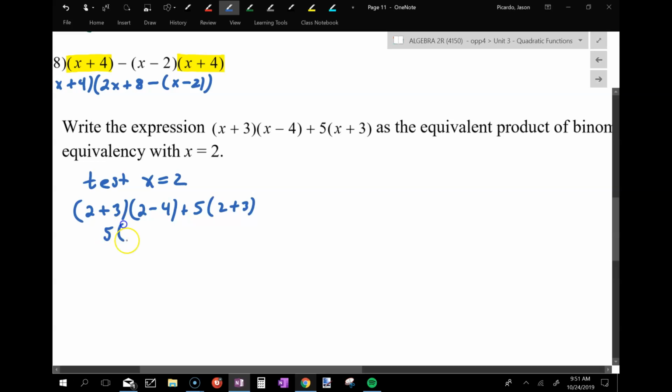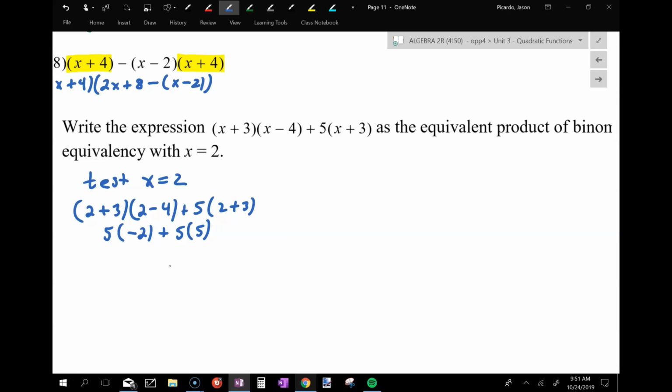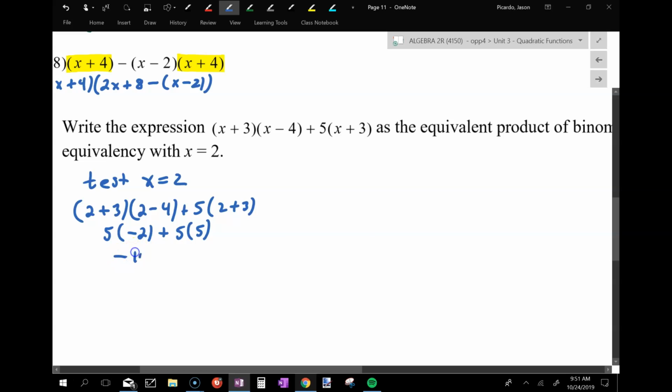That gives me a 5. That gives me a -2 plus 5 times 5. Order of operations, right? Trying to follow the order of operations. This gives me -10 plus 25, which is 15. So I should get 15 when I do this, right?